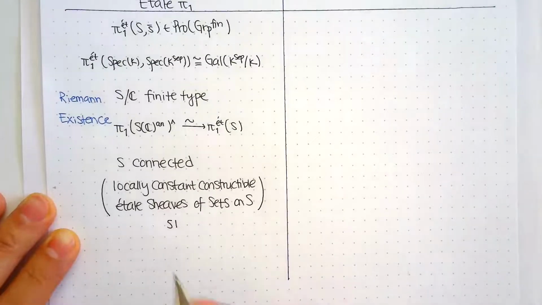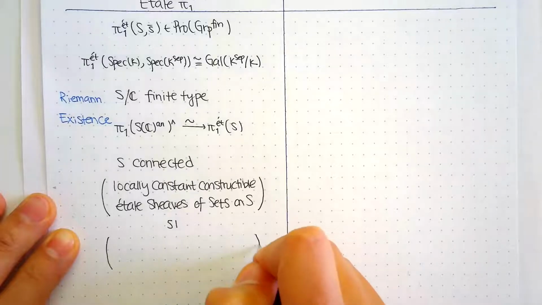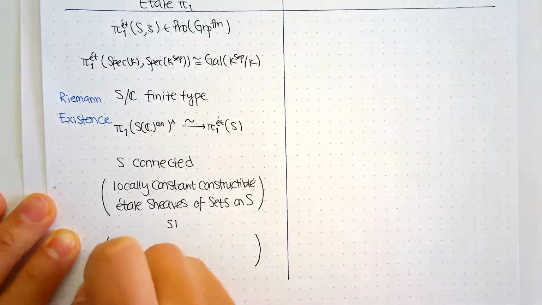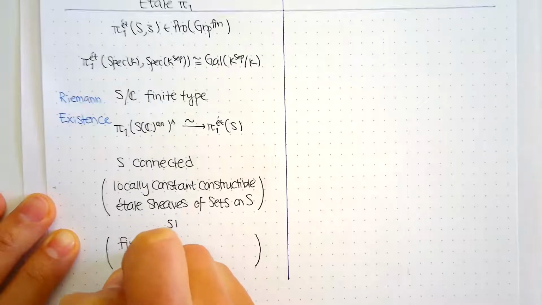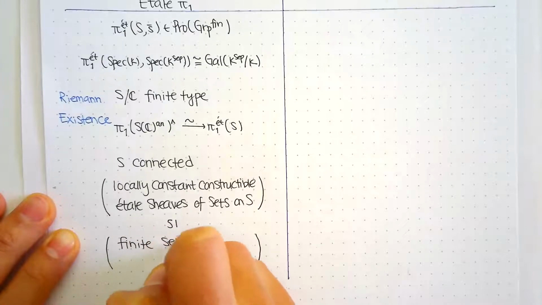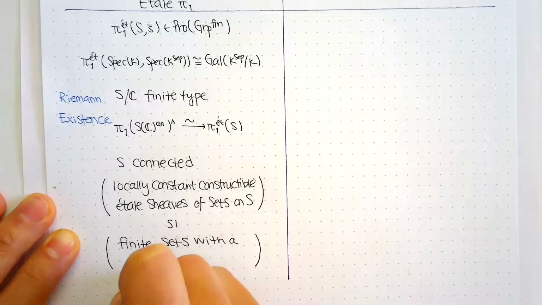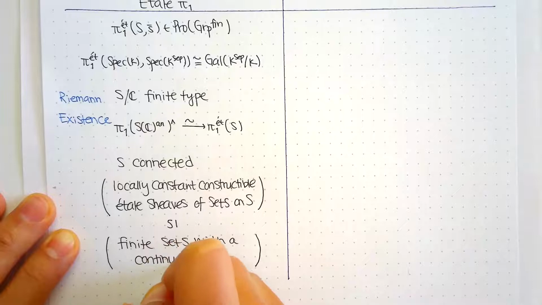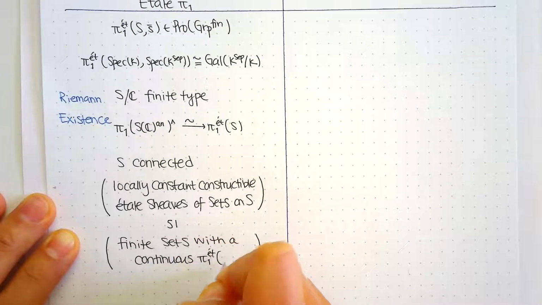So these are classified by representations of this π₁ étale. One way of saying that is they're classified by finite sets with continuous action of this group.